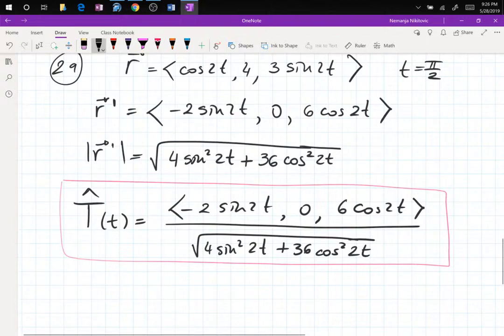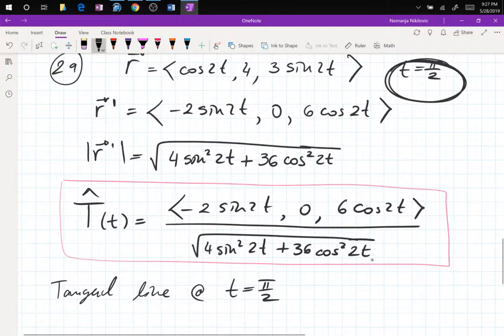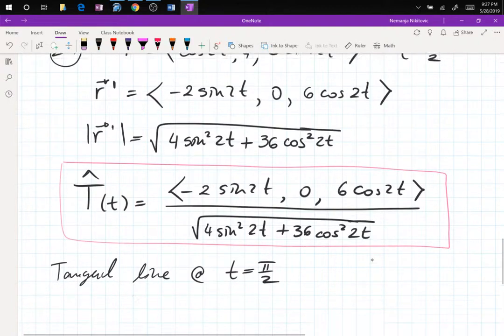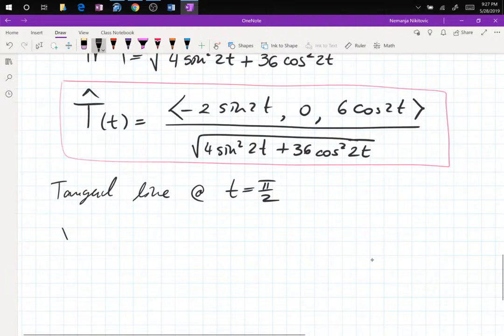Now, to calculate the tangent line, I need to find v, because, okay, tangent line at t equals pi over 2. That's given to us in the problem. So to find vector v, I need to compute my tangent vector at pi over 2.